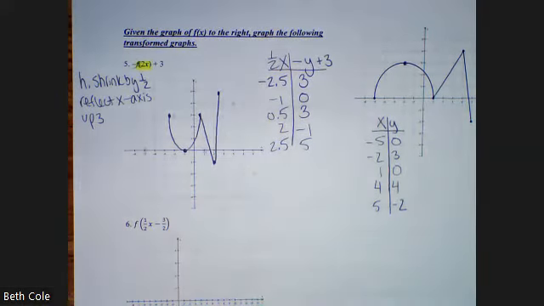Do you still want it to look like the semicircle and then the two line segments? And then you can just visually check your work. Does it look like we squished it this way? Yes. Does it look like it's upside down? Yes. And then up 3.